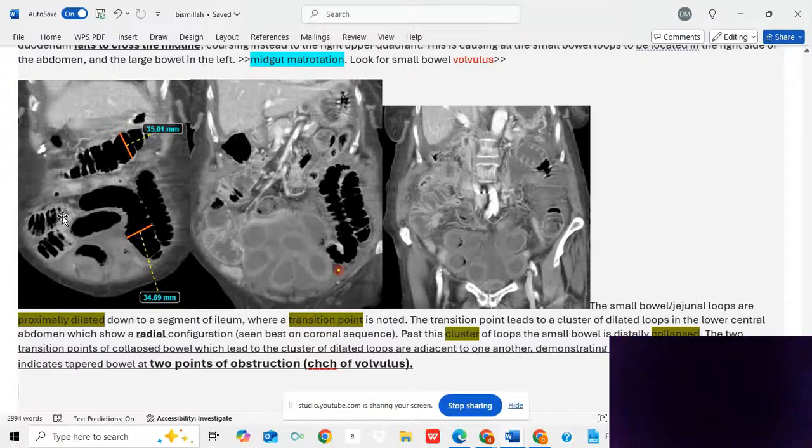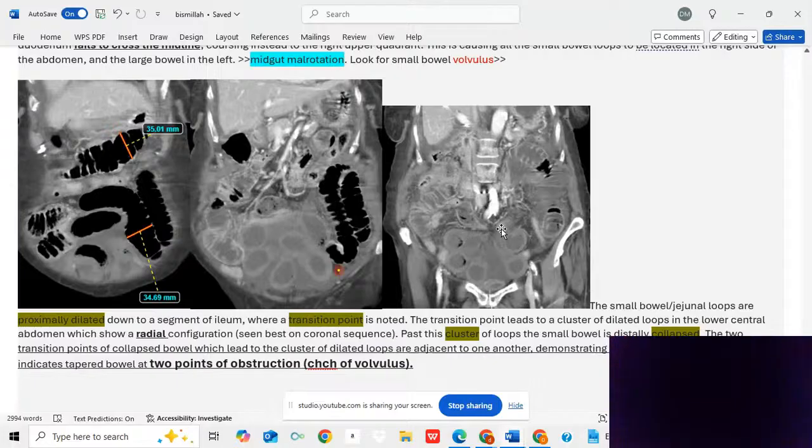All of them are valvulated. The proximal jejunal loops are dilated down to the level of an ileal loop, down to an ileal segment, where a transition point is noted.